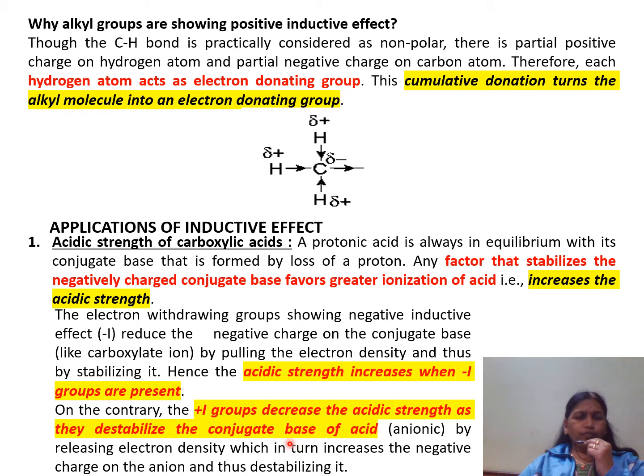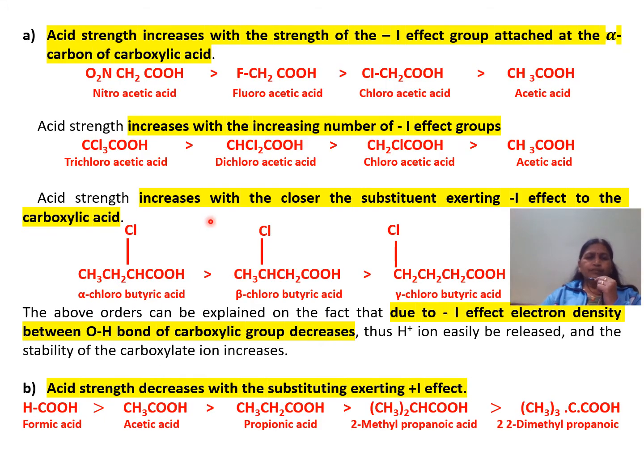So it gets destabilized by the release of electron density, which in turn increases the negative charge on the anion and thus destabilizes it. So that is how the minus I effect and plus I effect affect the acid strength.